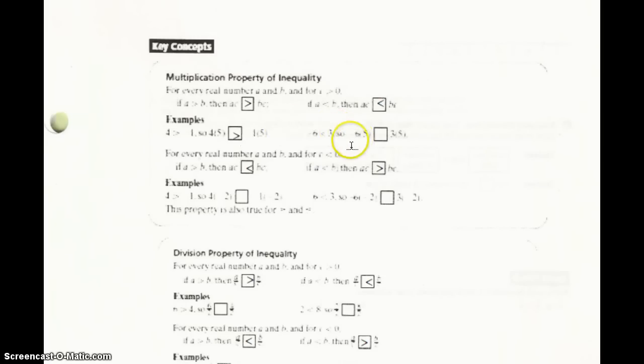So then our next one here, we have negative 6 is less than 3. So if we multiply both sides by 5, we're going to have negative 6 times 5, which is negative 30, is less than 3 times 5, which is 15.